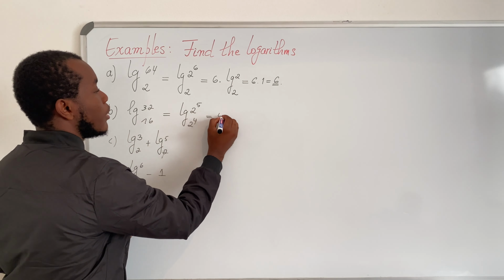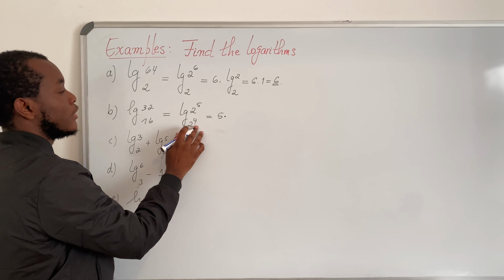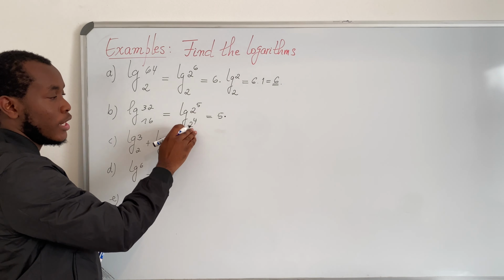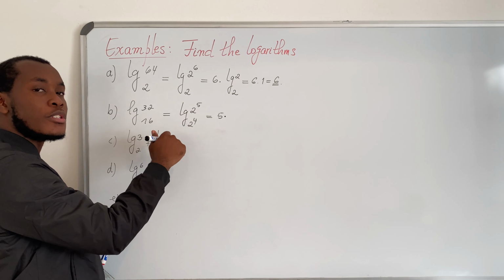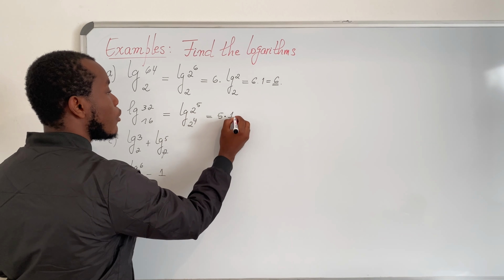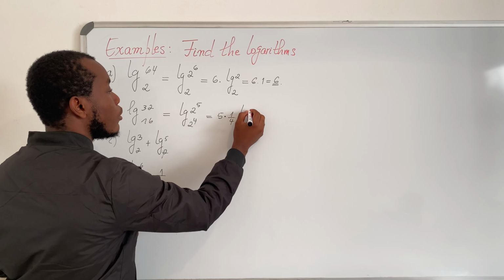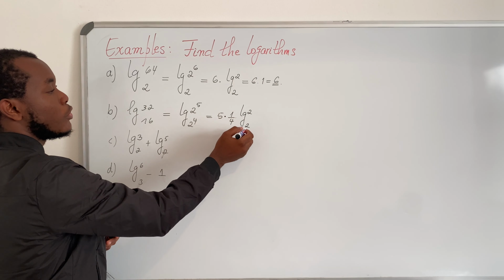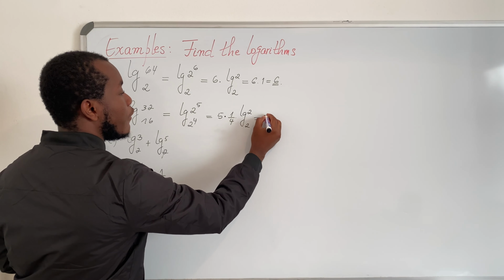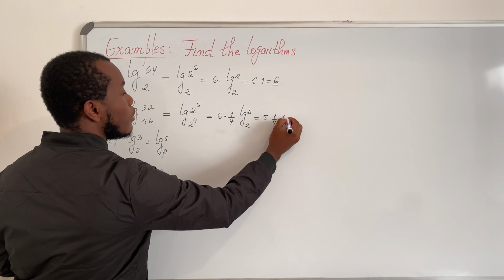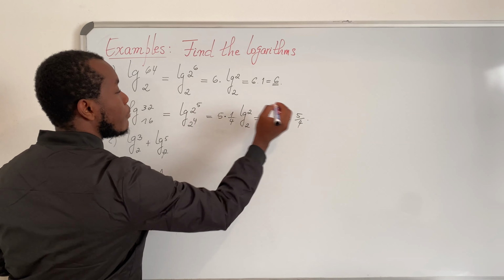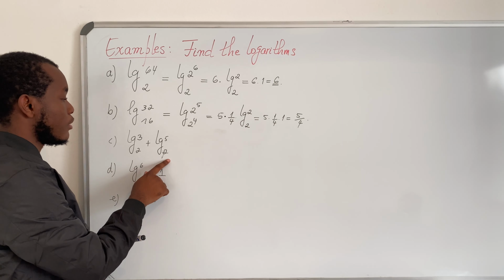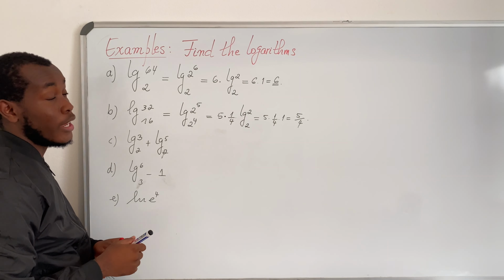We send it at the back to multiply, but the exponent of the base we don't send as it is. We always send the inverse of this number. So the inverse of this number is 1 over 4 times log of 2 to the base 2. Log of 2 to the base 2 is 1, so we will end up having 5 times 1 over 4 times 1, which is 5 over 4. That's the answer.